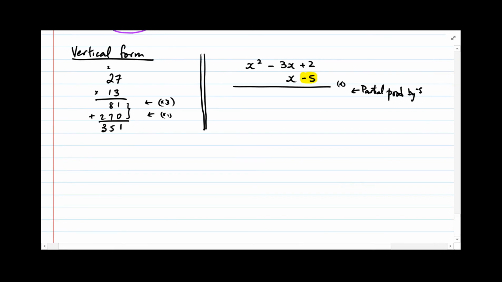It's running out of room here. Okay, so let's fit it in, pretty much as we had done a partial product by the 3 that was here. It's not a full answer. Alright, so what do we get? Negative 5 times each item.